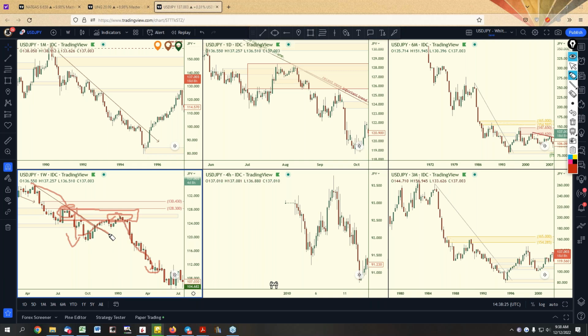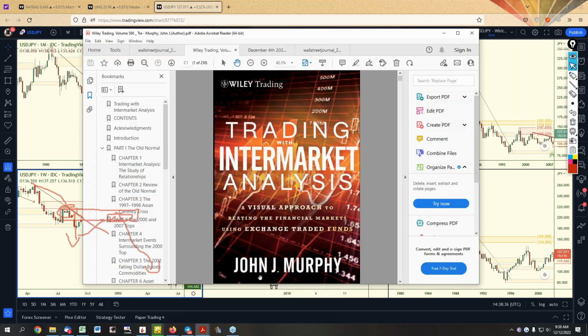And this is why it's so important to recognize these little minute details, right? It's one of the reasons why I'm reading this book, Trading with Intermarket Analysis. The importance of reading books like this and understanding how the markets are correlated with each other is extremely important.